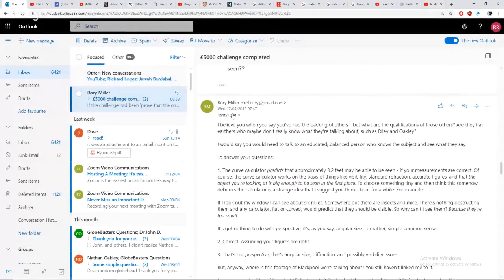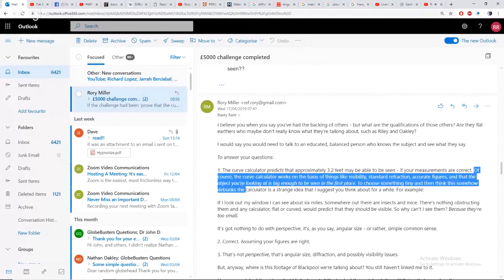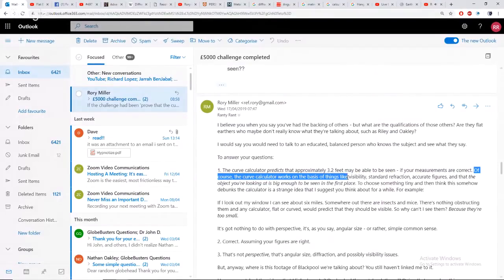Here it is. It's from Rory Miller. Here he's got his email. This is ace. I just love exposing these guys. He says that, of course, so let me highlight this part. Of course, the curve calculator works on the basis of things like, right? Then he goes into visibility, which is wrong. Standard diffraction, accurate figures, right? So we can forget that for now, because this is still a continuation, because he's put a comma after accurate figures.